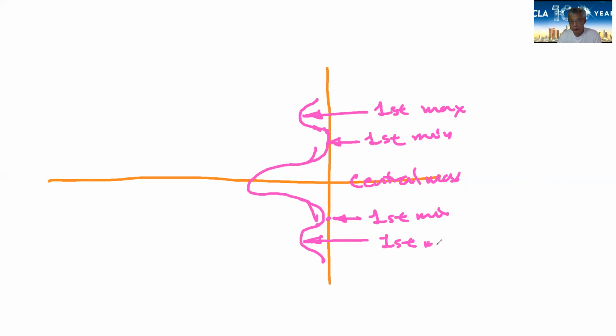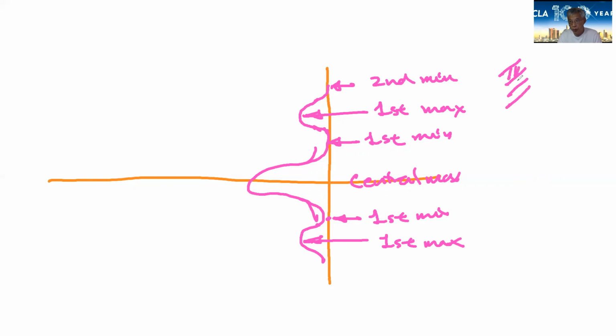You can continue the similar logic for the second minimum. The second minimum will be there. For that, you break it into 1, 2, 3, 4.